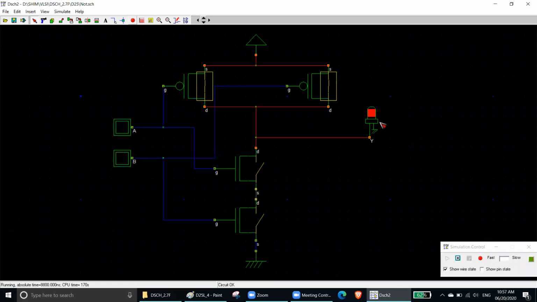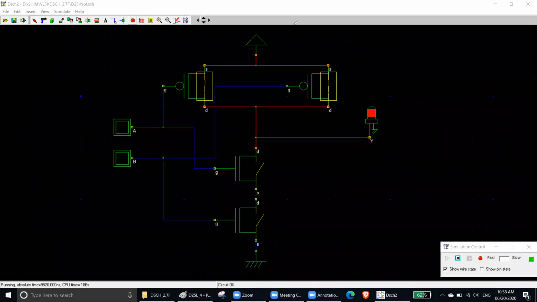Let's discuss that. Whenever the inputs are 0 0, both of the NMOS are off, because at 0 it is off. It is off, right? So when it is 0, this is 0, this is also 0, this is 0, this is also 0.